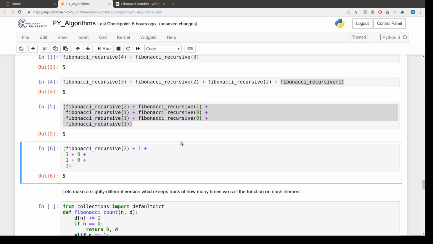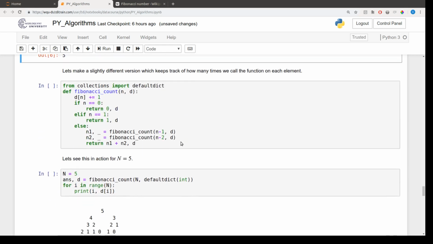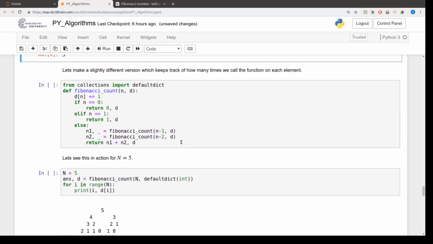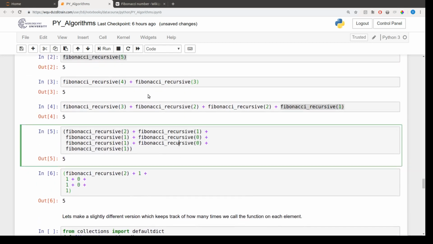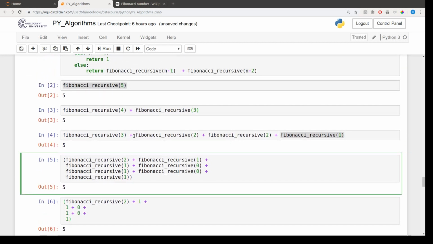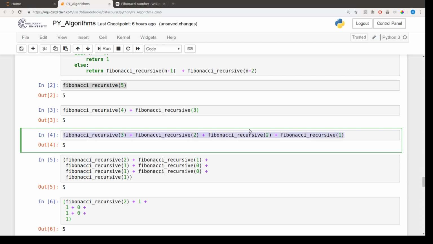Now, you might have noticed that as we were expanding this out, we compute some results more than once.